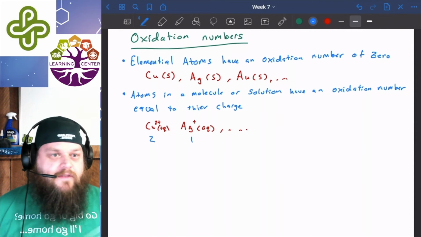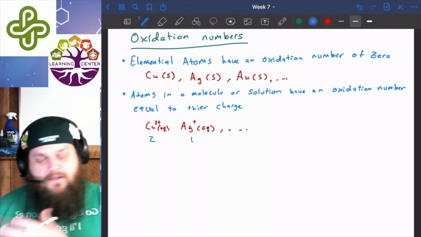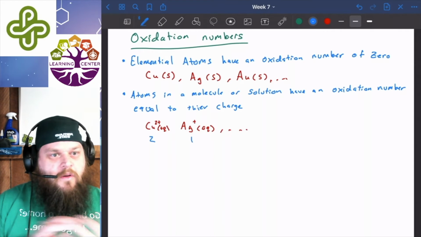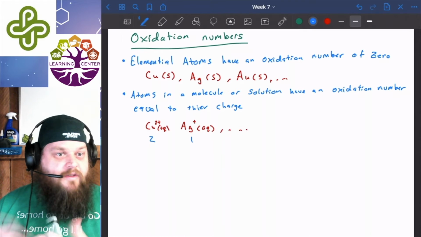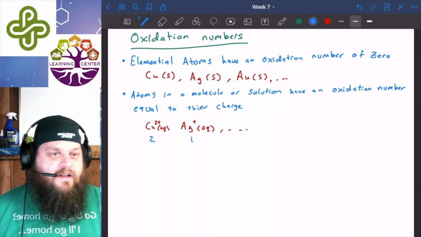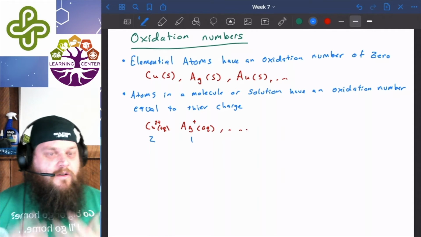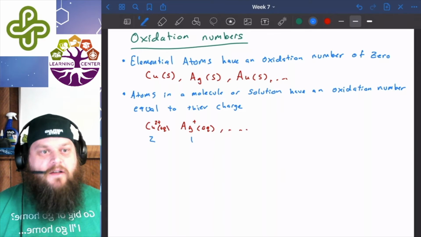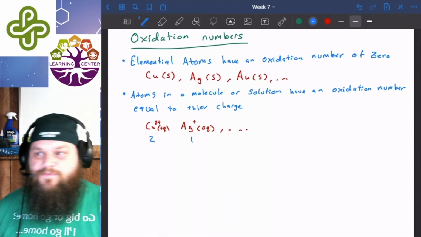There are a lot of these different ions we see floating around, and anytime we go from a solid with an oxidation number of 0 to a copper ion, for example, solid copper to copper ion, we say that's a redox reaction. It's an oxidation reaction because it's losing electrons. It goes from a neutral charge to a positive charge, which means it has to lose electrons in that process.